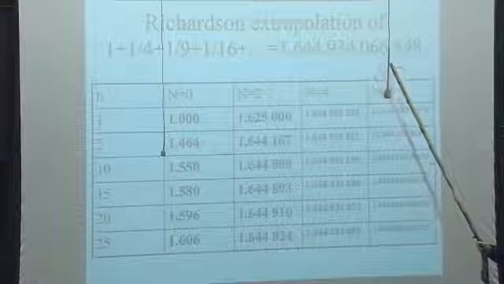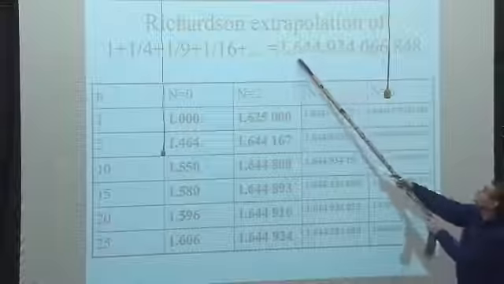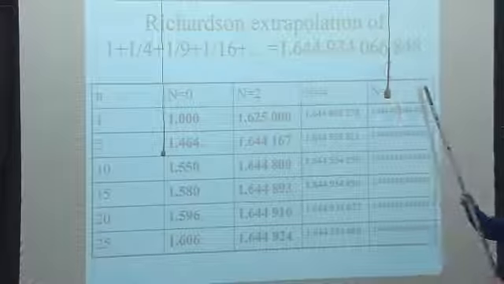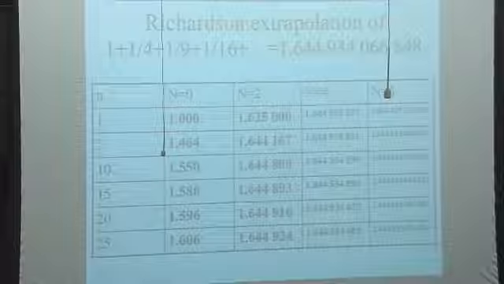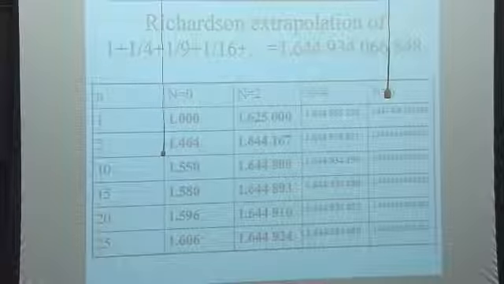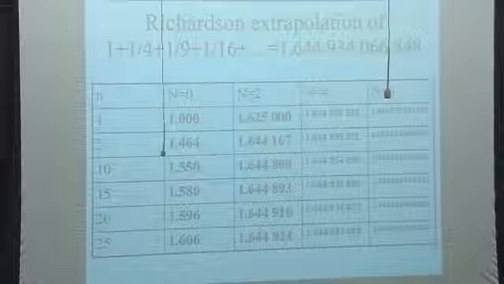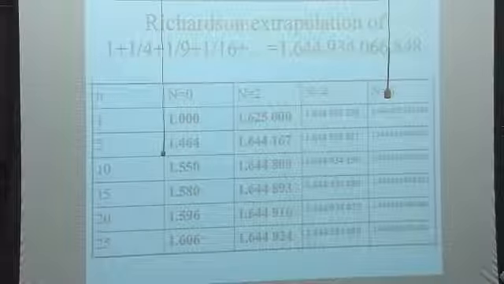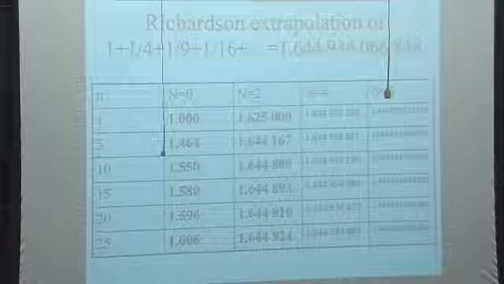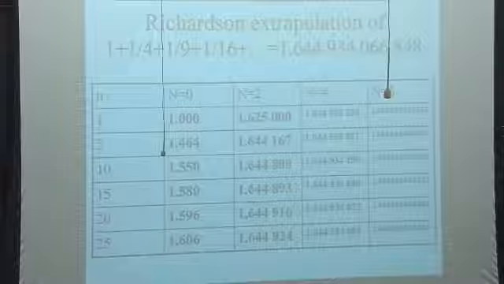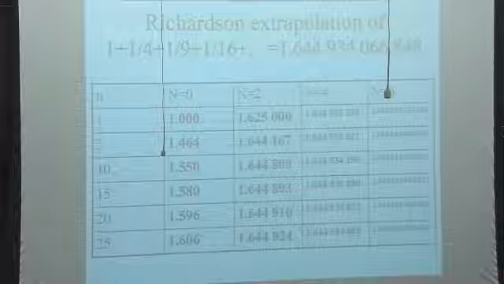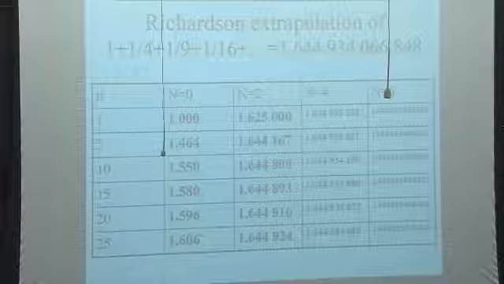Now, notice that apart from the 1, I'm keeping 12 places. In order to get 12 places accuracy, you would have to add up 10 to the 12 numbers. That's hard to do on a pocket calculator, okay?